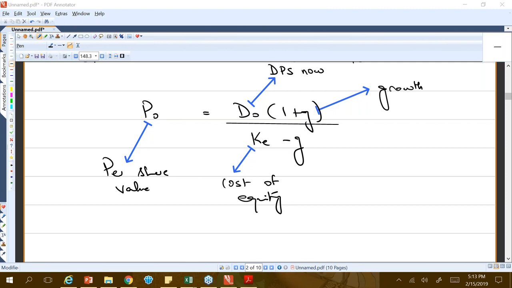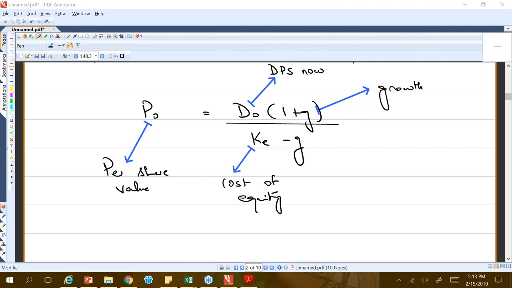It really surprises me to see the number of students who do not know what this formula is trying to do. Well, this formula is trying to discount the future dividends in perpetuity at cost of equity.